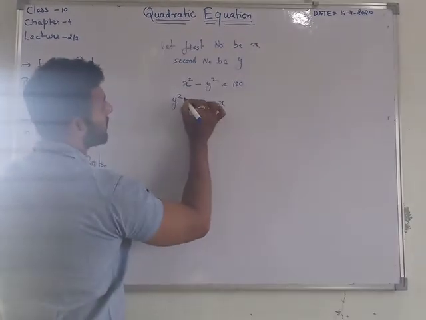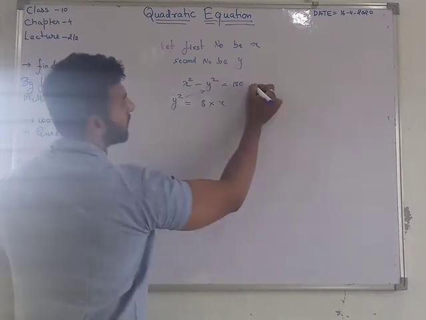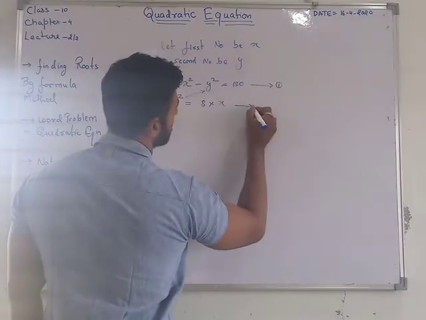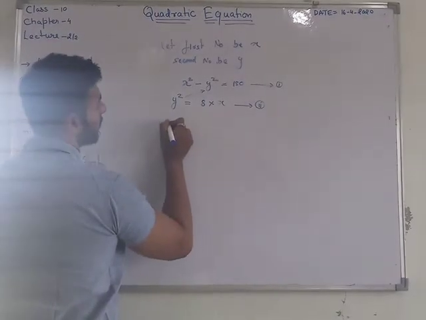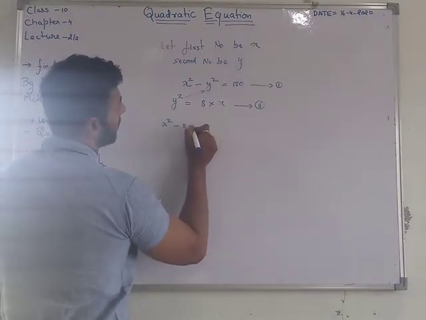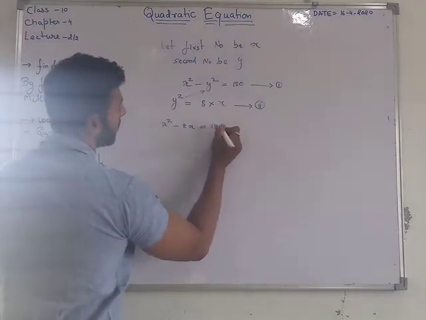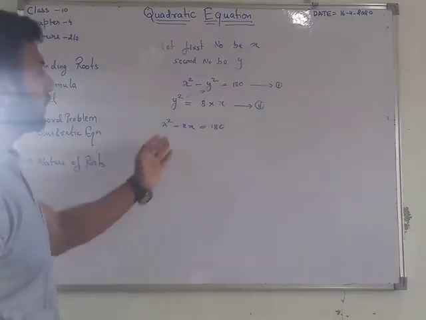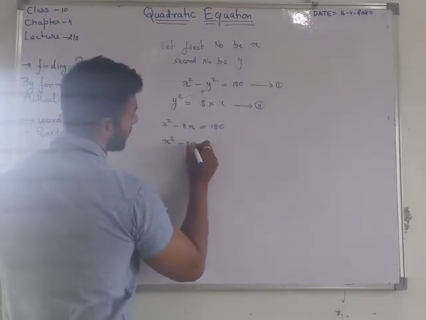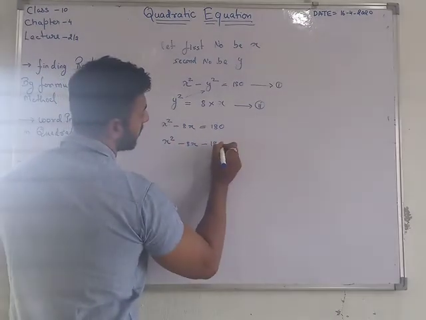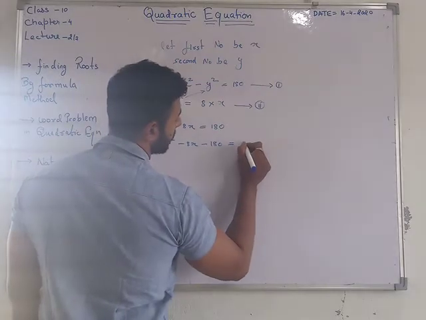Now, substituting this y square in this first equation, which is our first equation, we will be getting x square minus 8x is equal to 180. Now, taking the 180 to the left, x square minus 8x minus 180 is equal to 0.